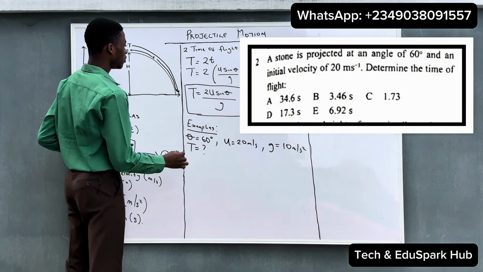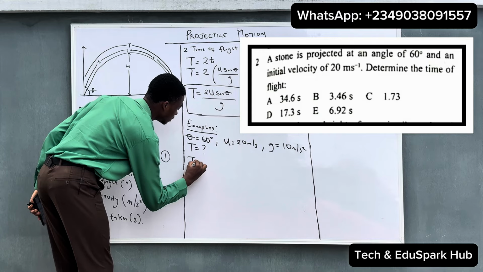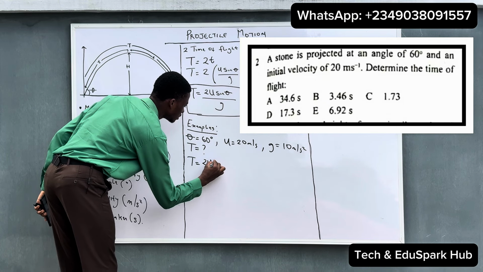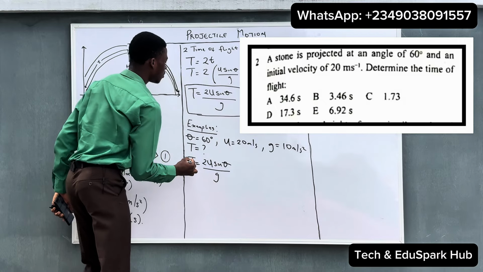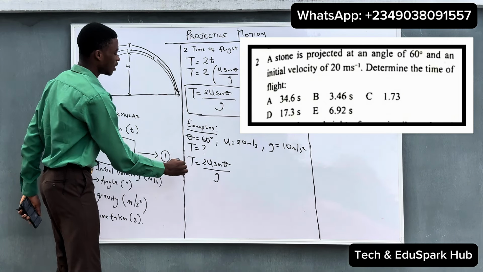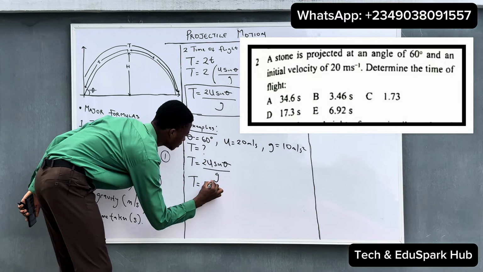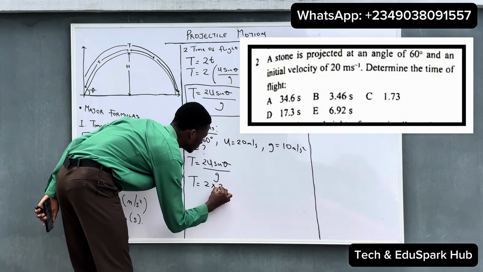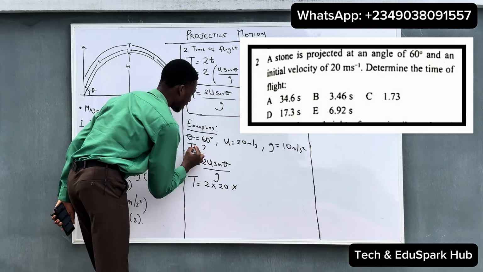From what we know, our time of flight, which is the big T, is given by T equals 2u sine theta over g. So putting our parameters in this formula, we have our big T equal to 2 multiplied by, what is our u? Our u in this case is 20 meters per second, multiplied by, what is our angle?